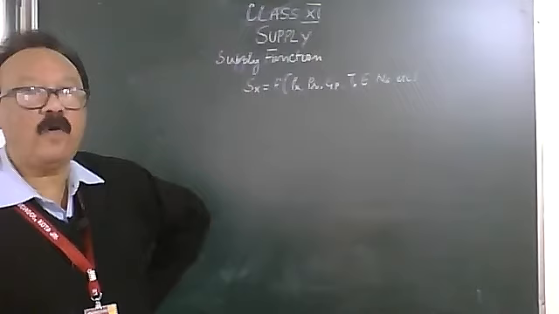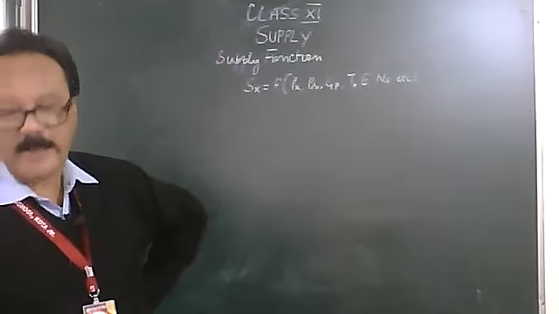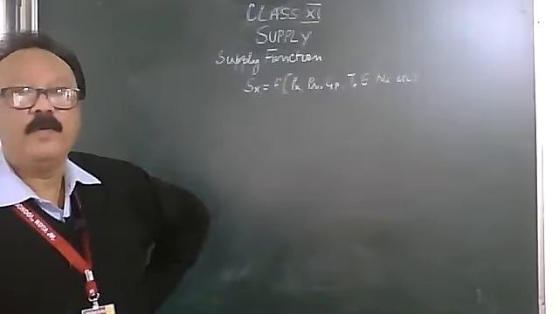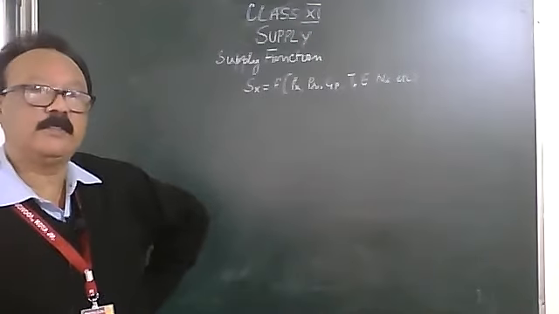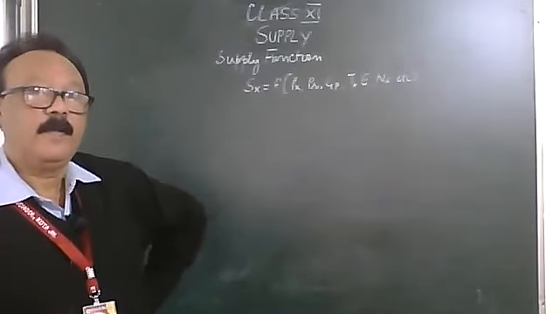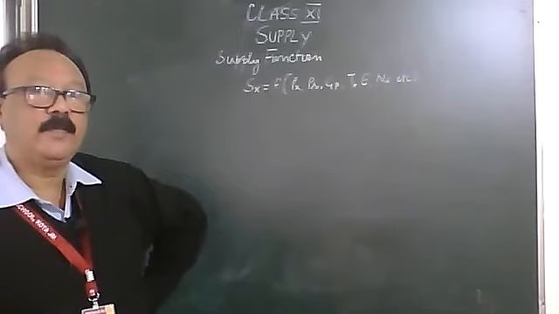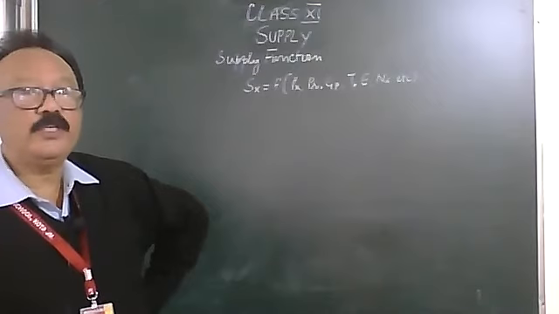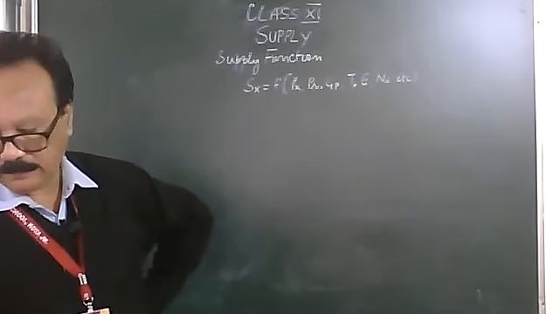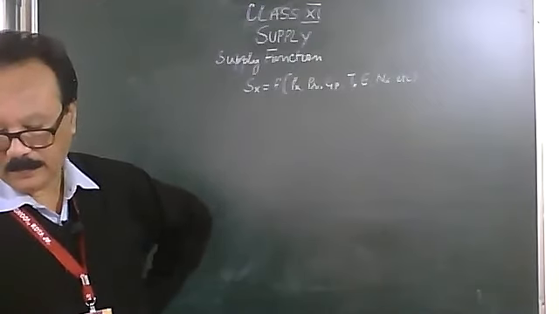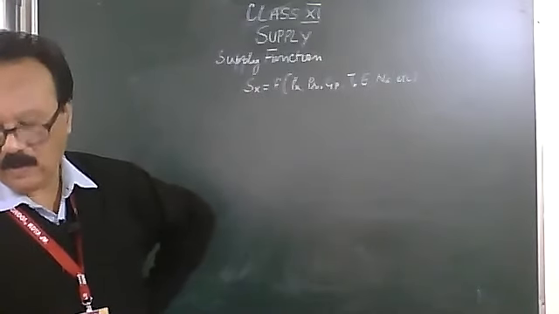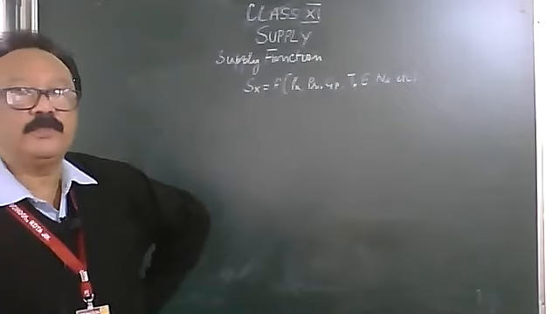E stands for expectations of future prices, and Nf stands for number of firms.